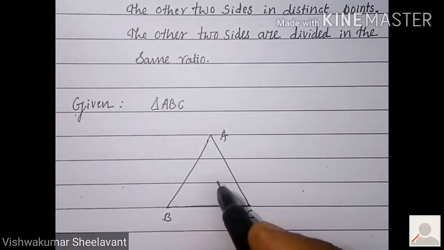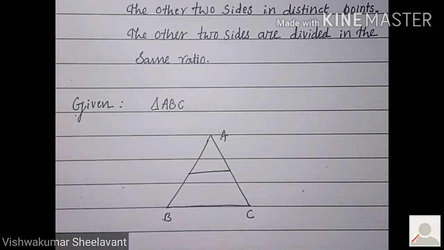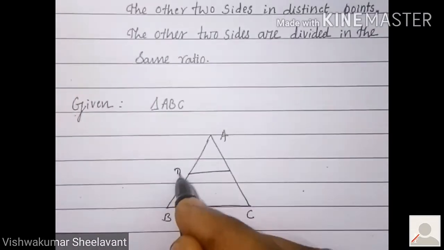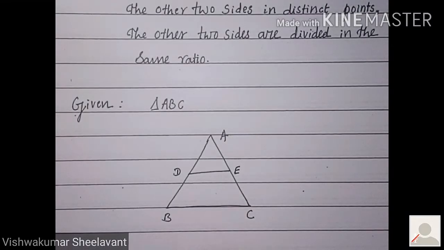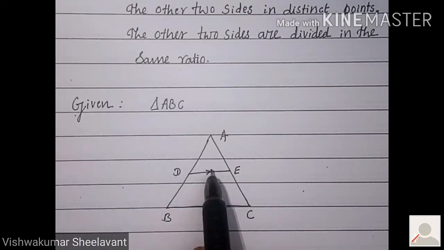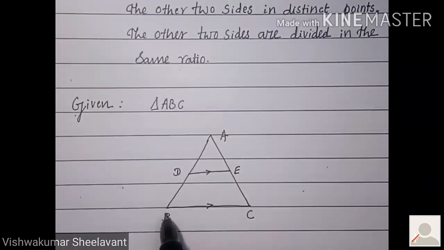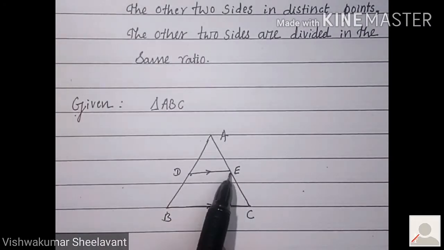Let us say that line is here and its name is DE and it is parallel to BC. Now this line is intersecting AB at D and AC at E. This is what is given to us.